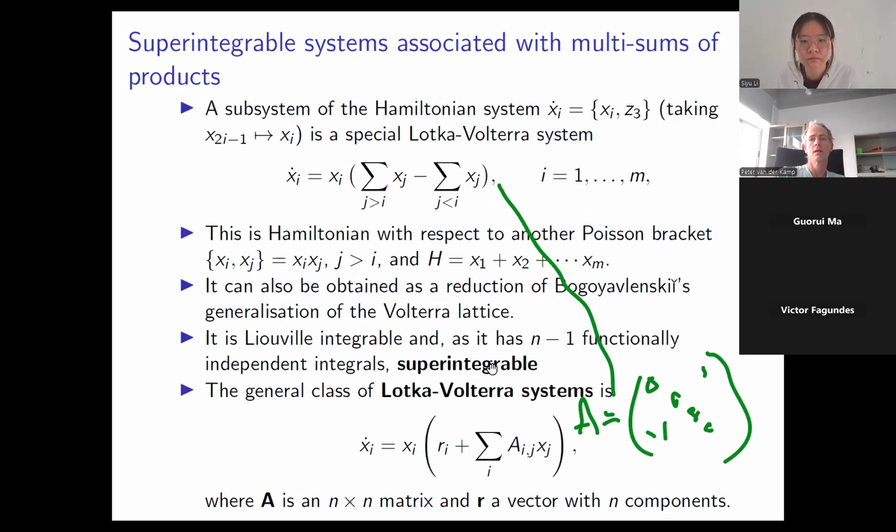Here it is. So what is nice about this system, it already has n Darboux polynomials. So this function x_i, if you differentiate it, we get x_i times some other thing. So this thing here is really the cofactor of x_i, and x_i is a Darboux polynomial.